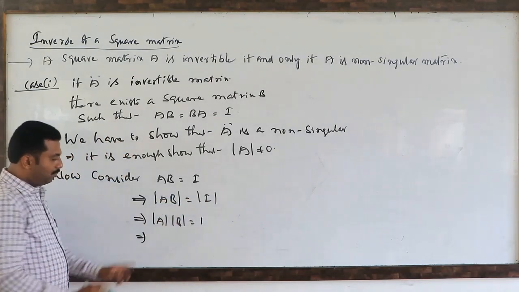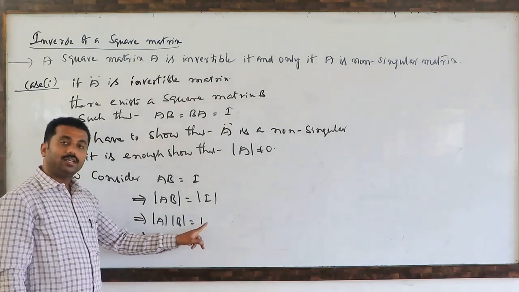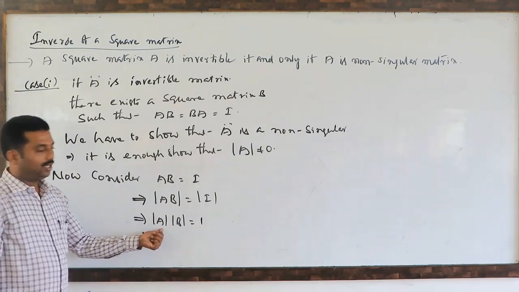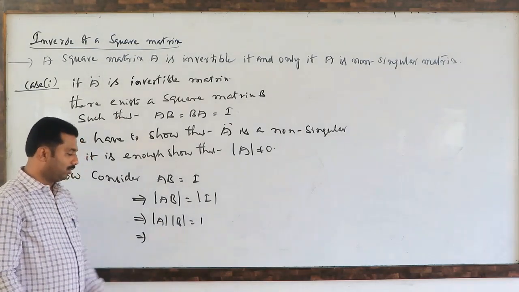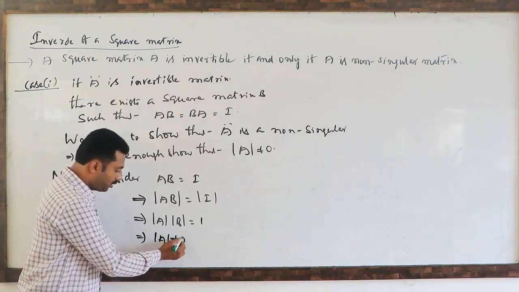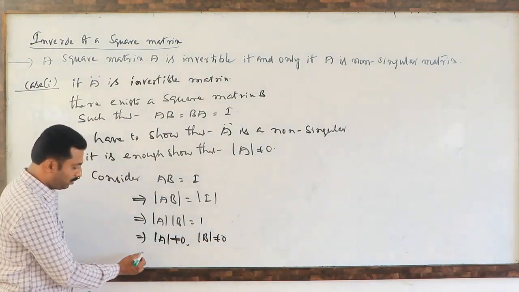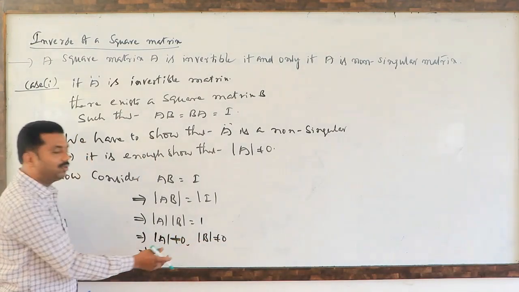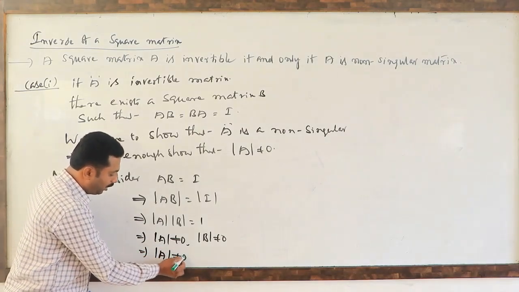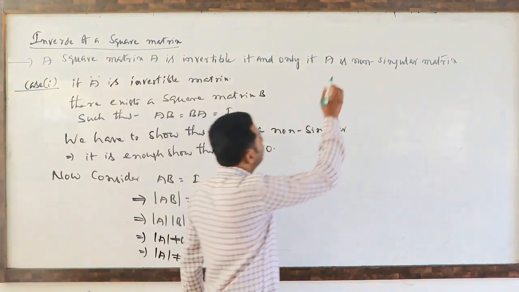You observe, product of two numbers is 1, which means non-zero, so these two cannot be zeros. At least one of these two is not equal to zero. So from this determinant of A is not equal to 0, determinant of B is not equal to 0. So determinant of B not equal to 0 we are neglecting. So determinant of A is not equal to 0. Therefore capital A is a non-singular matrix.